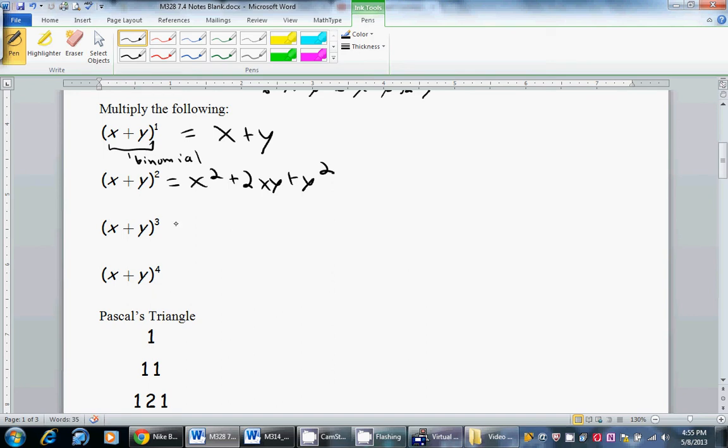x plus y cubed, I don't know if any of you guys ever memorized this, but this is x cubed plus 3x squared y plus 3y squared x plus y cubed.